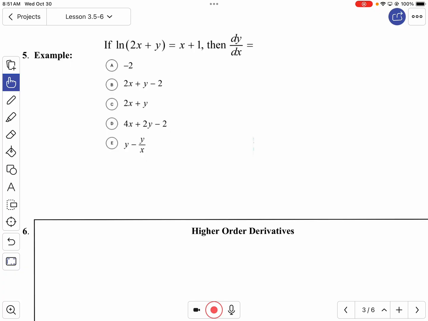Parker, I wrote you a note back on your quiz. It always makes me giggle when people write me notes. My note didn't make me giggle. Neither did your grade.